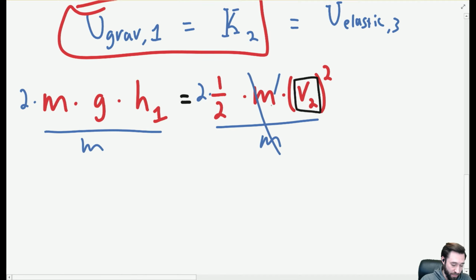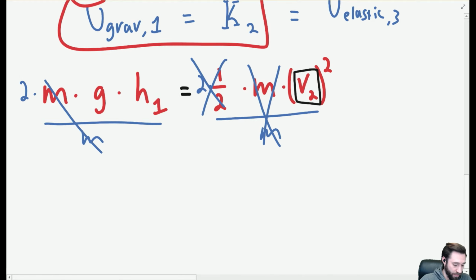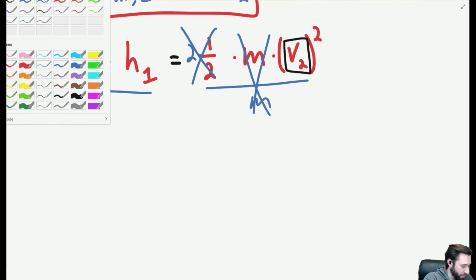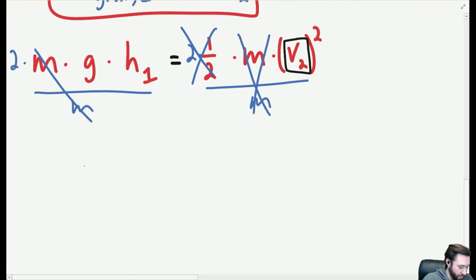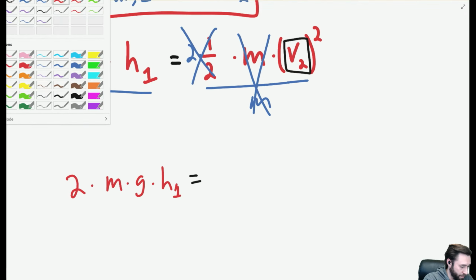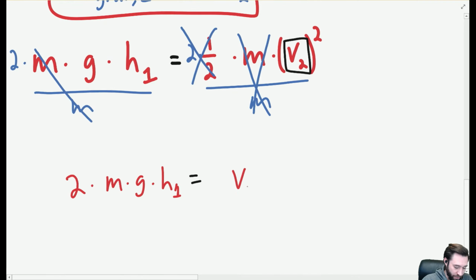So the m's cancel. And then below here, I've got 2 times mass times gravity times h1 equals V2 squared.